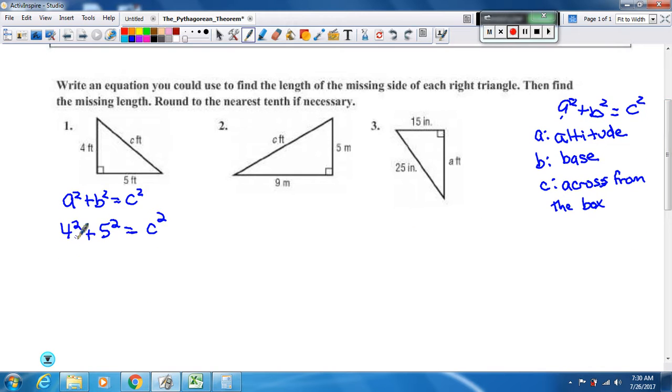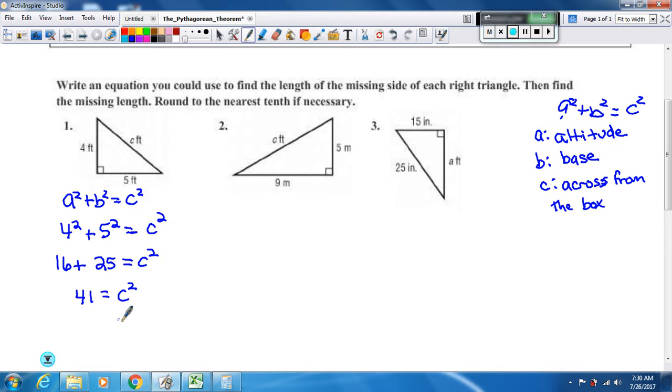So this is not 8 here. It's 4 times 4 is 16, plus 5 times 5 is 25, equals c squared. 16 plus 25 is 41, equals c squared.